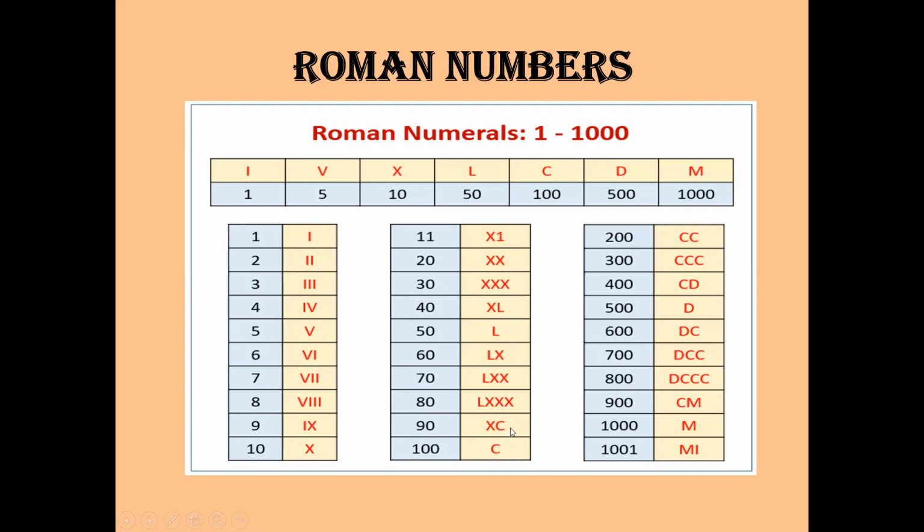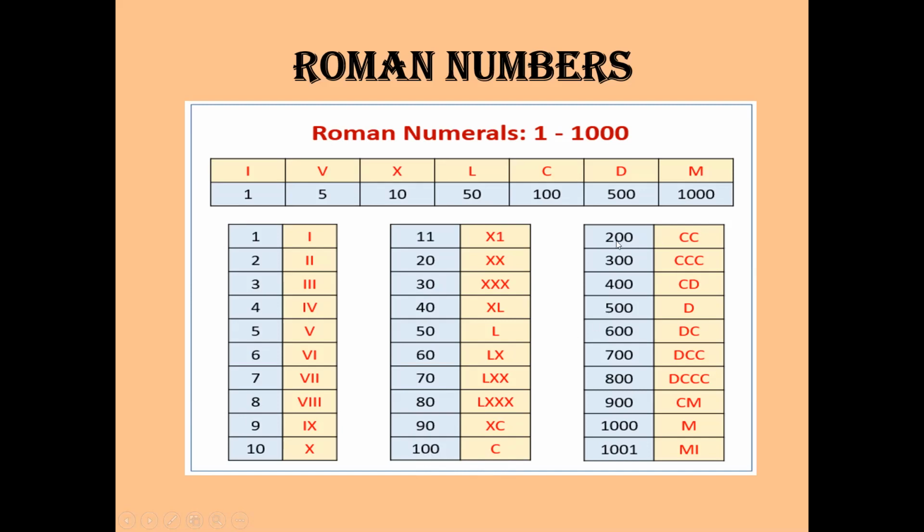If the letter is beside the big number on the right side, we will add. So 100, if we add X, CX, it will be 110. If we write CI, it is 101.